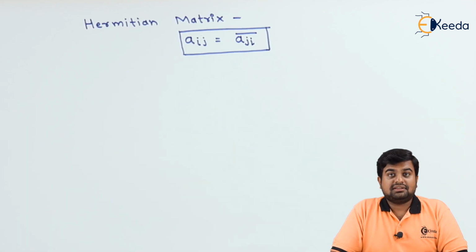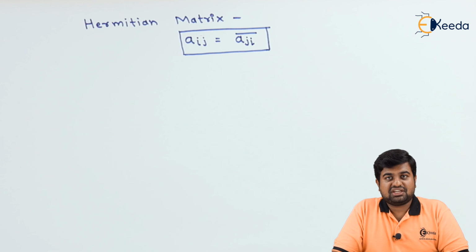So let us learn about Hermitian and skew Hermitian matrix. As we learned about the symmetric and skew symmetric matrix, let us focus on what is a Hermitian matrix. A matrix is said to be a Hermitian matrix when element Aij is the conjugate of element Aji.